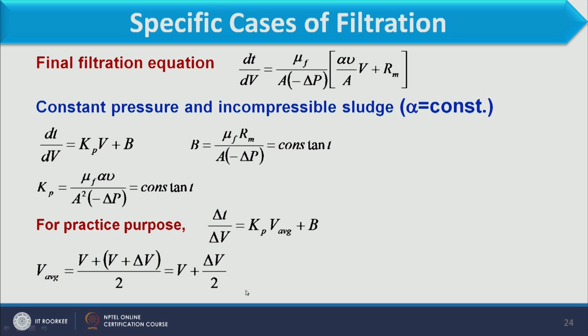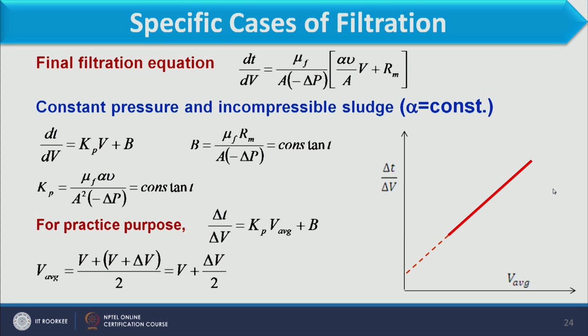So here you see this equation, delta T by delta V equal to Kp V average plus B. Here we can plot delta T by delta V with V average, and it is a straight line equation, so we can get this line. When we extrapolate this, it has the intercept and it has the slope.